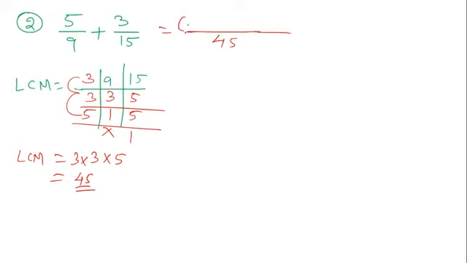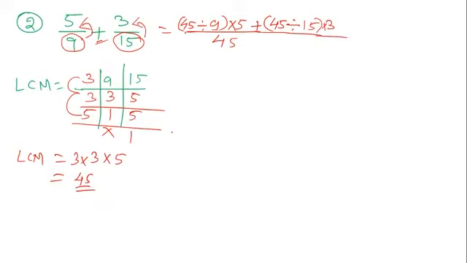Then in the second step write here 45 divided by the first denominator 9, bracket close, multiply by its numerator 5, put the plus sign, then again a second bracket, similarly write 45, that is the denominator, put the division sign, then take the second denominator 15 and write here 3, multiplication sign.